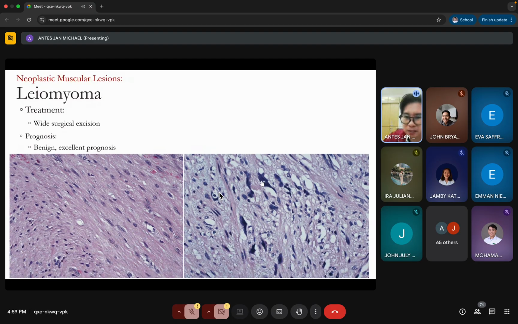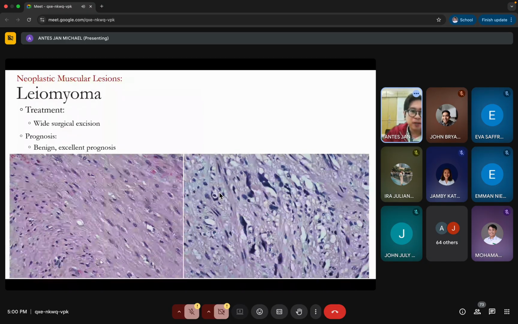The sizes are unequal, and the shapes are some round, some angular. So in these two sections, you can really compare the nuclear and also the cellular pleomorphism seen between the benign and the malignant lesion.